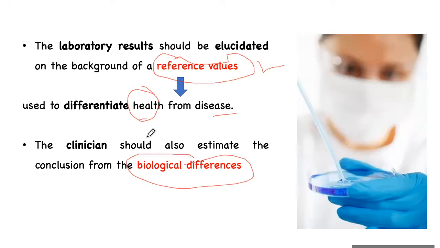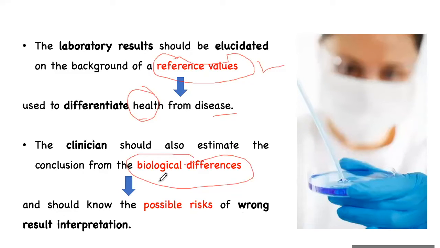So as a clinical pharmacist, clinician or physician, you should be able to estimate the conclusion of these laboratory test data. Once you are able to do that, you should know the possible risk of result interpretation. Sometimes what happens is you get the report, and you have also studied this in therapeutic drug monitoring, there are many factors which may lead to a wrong result, and obviously, if there is a wrong result, the wrong pharmacotherapy will be prescribed to that patient.